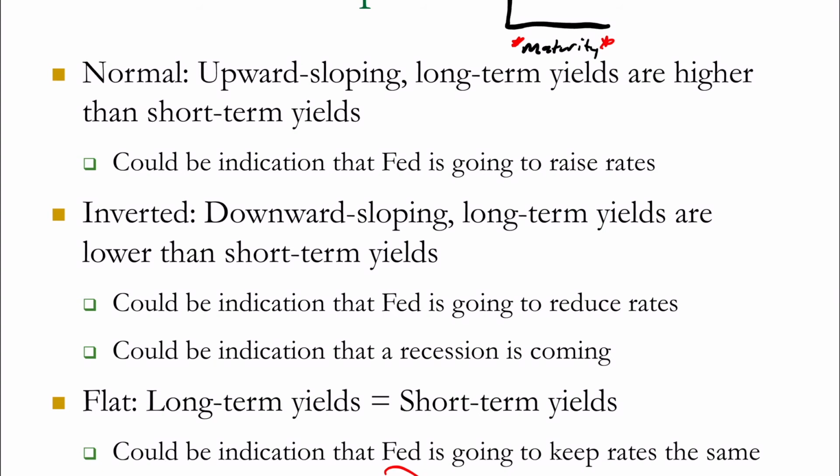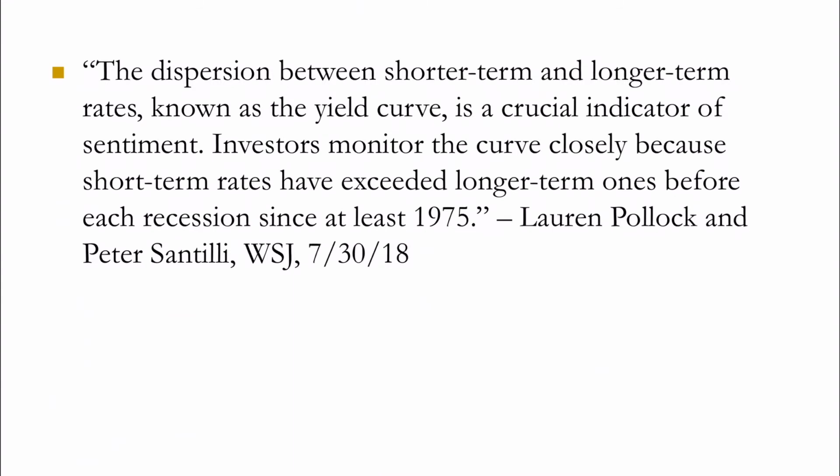So real quick on this inverted yield curve, there was an article in the Wall Street Journal that discussed this, and it stated that the dispersion between shorter term and longer term rates, known as the yield curve, is a crucial indicator of sentiment. Sentiment is simply how people feel about the economy, right?